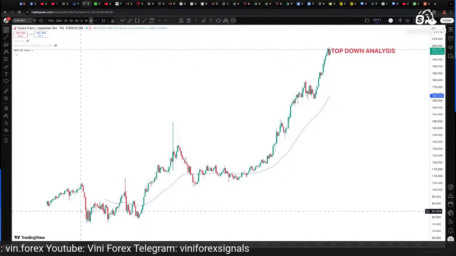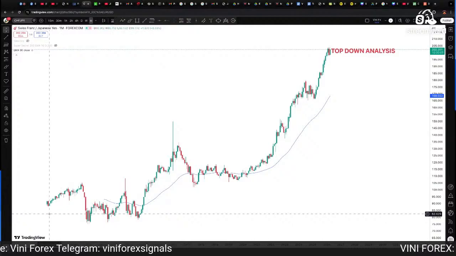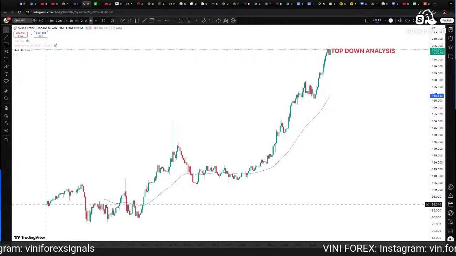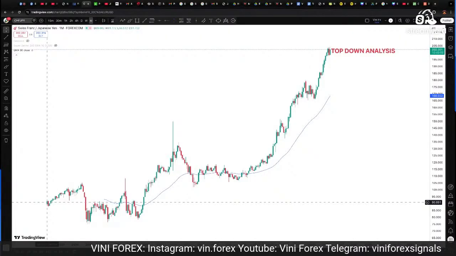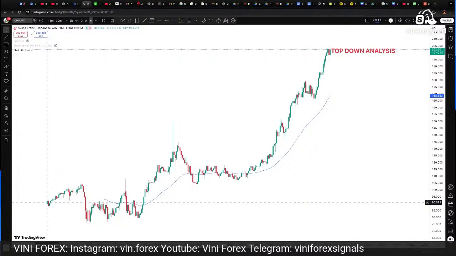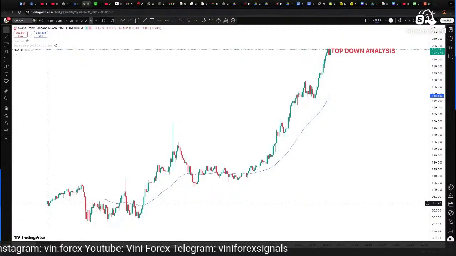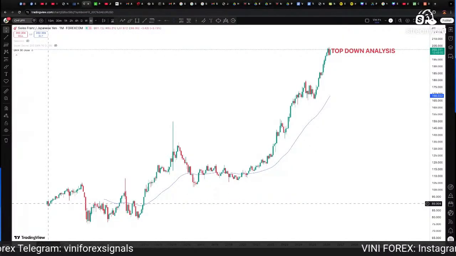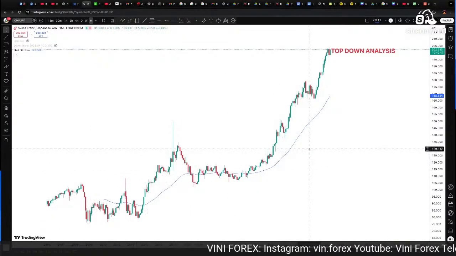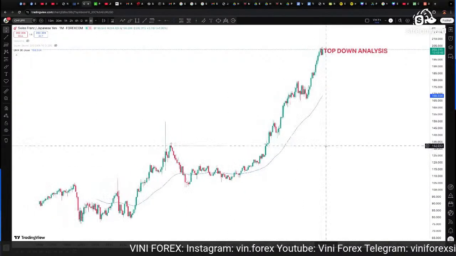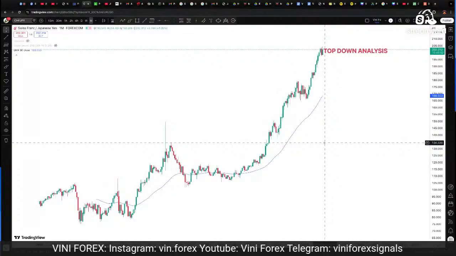It has been buying, a serious uptrend ever since 2006. This candle right here is of Monday, 2nd of January 2006. The next candle is of Wednesday, 1st of February 2006.